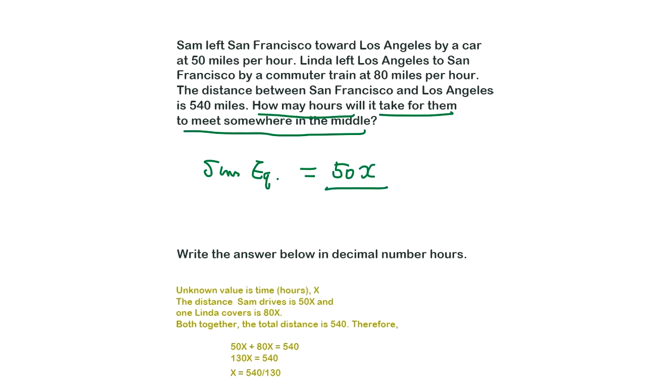And Linda on the train goes 80 miles per hour. Linda's equation is, initially Linda was 540 miles away, and every hour it gets closer. So these are the two equations.